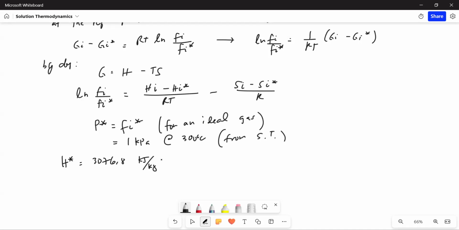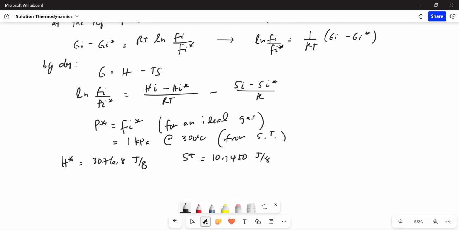However, for our purposes, it would be worthwhile to write it in joules per gram. Just the same, we converted the units. So for entropy, it is 10.3450 joules per gram. Okay, so just convert the unit.